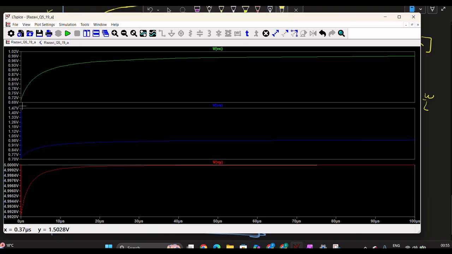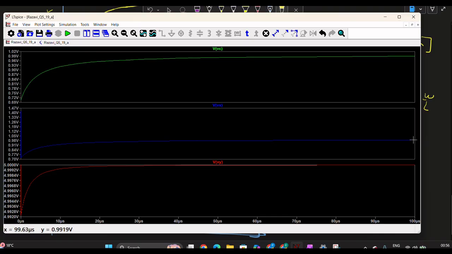For Vc as well, it will attain some voltage, 720 or 700 millivolt, and it will keep rising to 1 volt. This was the maximum voltage we will attain in the capacitor, which I calculated earlier as VGS. And Vx will rise from 0.7 volt to around 1 volt.